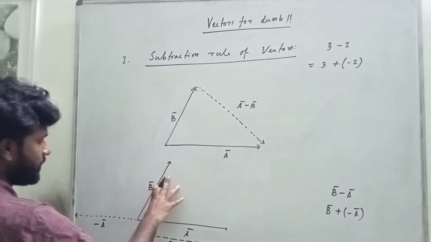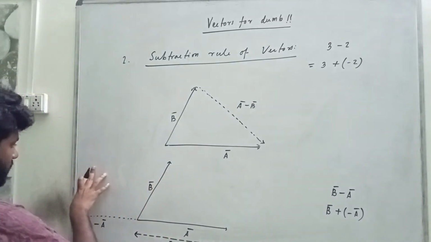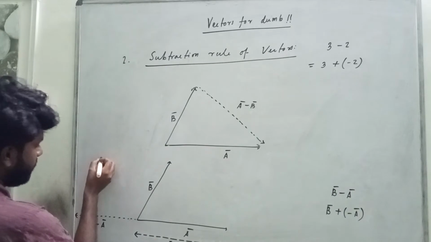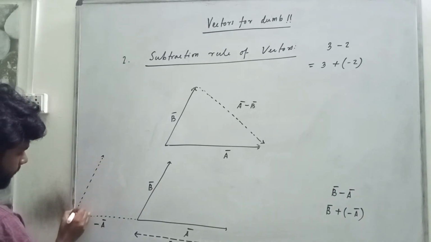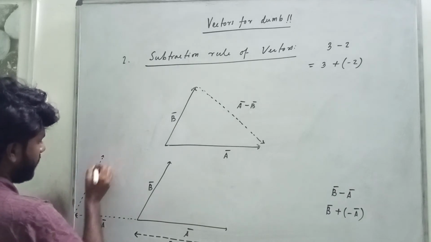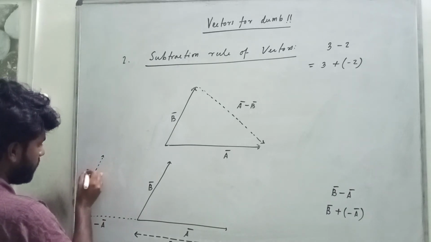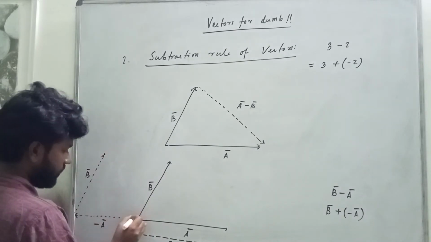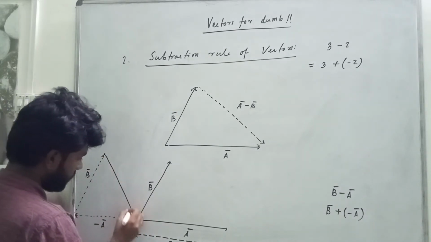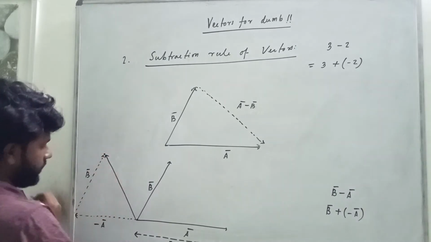Just transfer B from here to there. Just a parallel transformation, right? And just join. It's a new B here, and just join this point and this point with a straight line and put an arrow here.